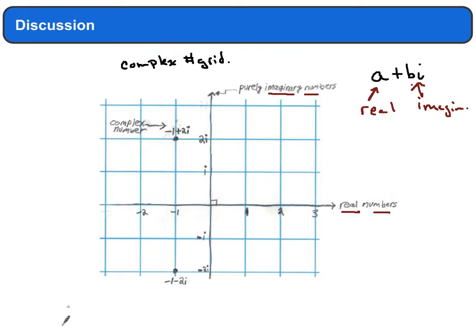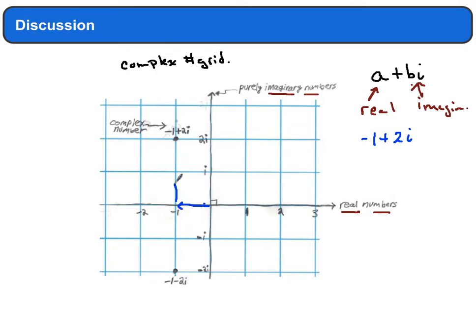And so let's say we use the example that they have already on the screen right here. -1 plus 2i. And so this is the real, this is the imaginary part. So if we're talking about real, we go over to -1 on the real axis.